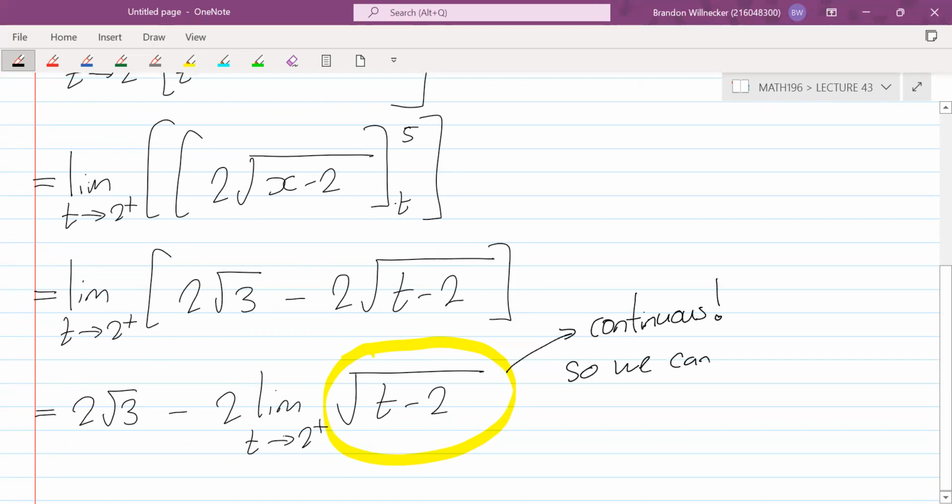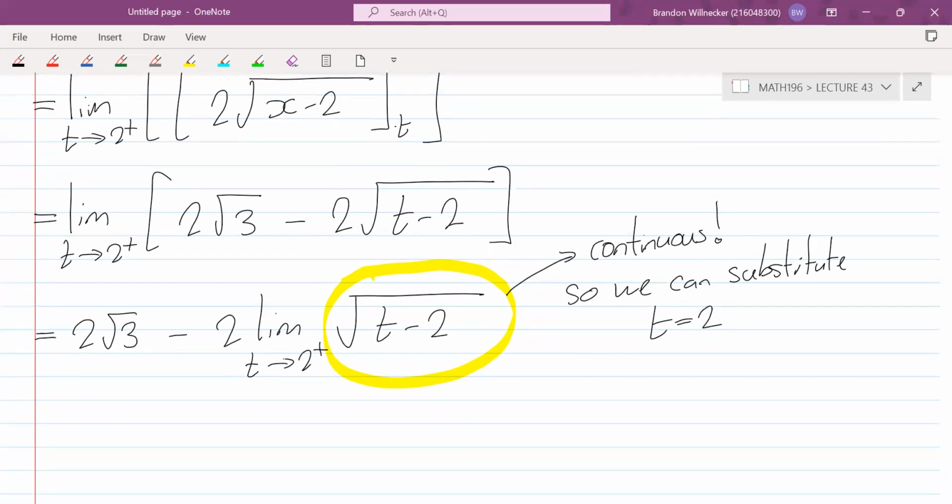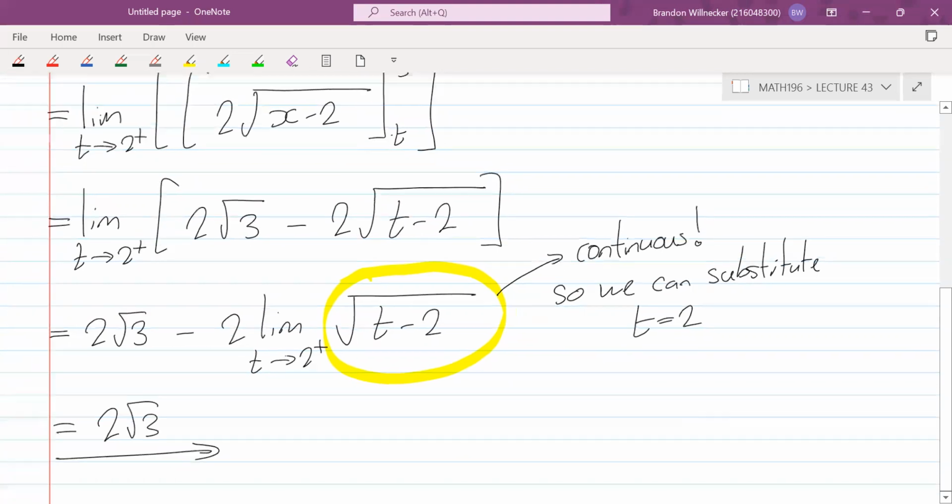So we can substitute t equals 2. Remember, if the function is continuous, you can just substitute the value of t. If we substitute that, we get 2 minus 2, which is 0. So in this case, our final answer is just 2 root 3, because that second part goes away.